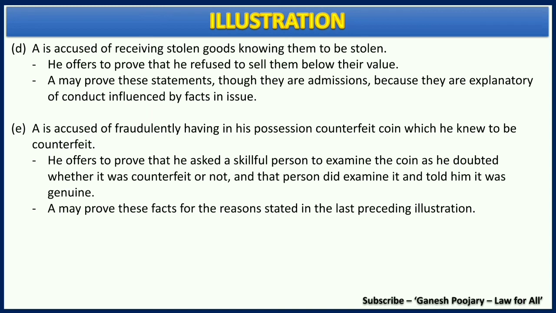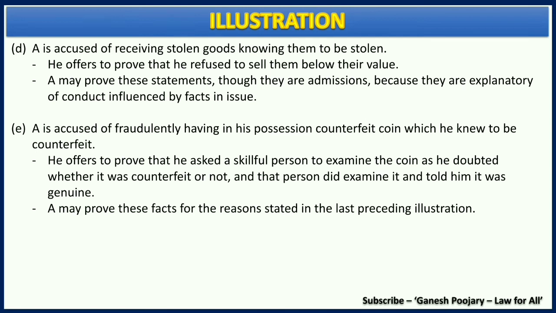But here A proves that he has not agreed, or when someone asks for a lower price, he even refused to sell for a lower price. That way he neither had a guilty mind nor any such conduct which was proving that he had a guilty mind. That way, this is a very clear illustration where section 21 subclause 2 comes into picture.